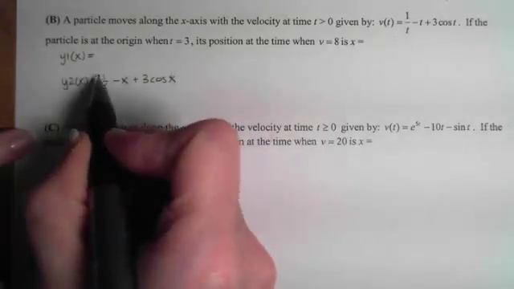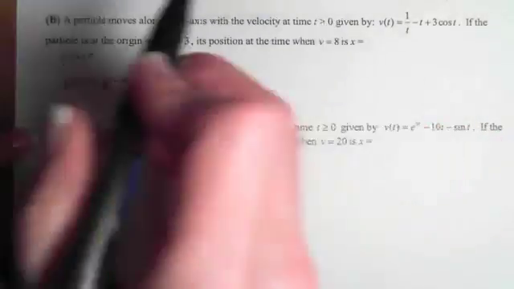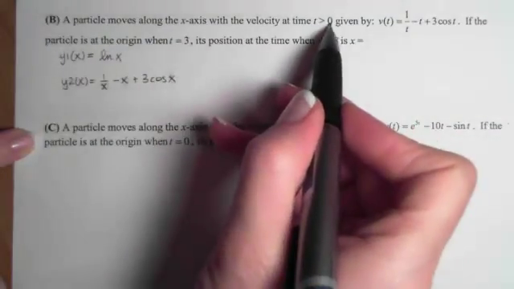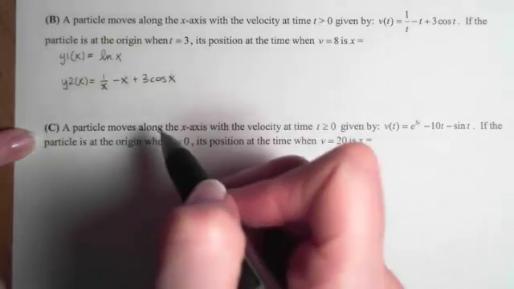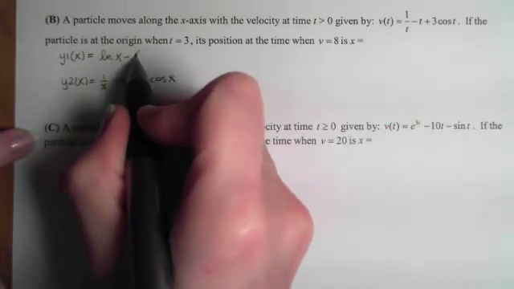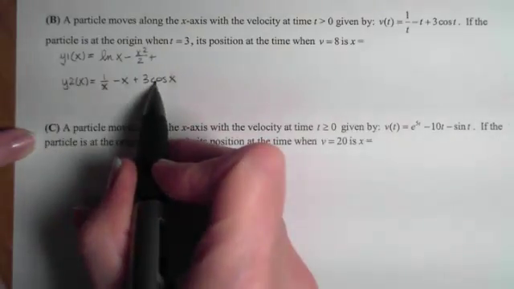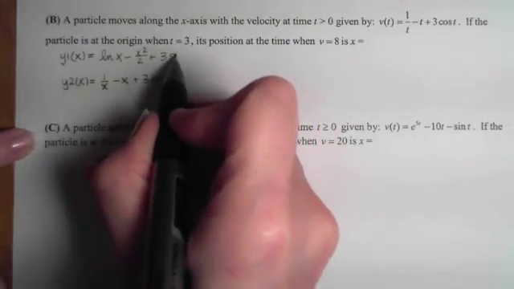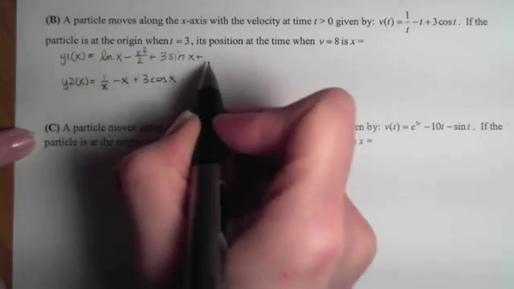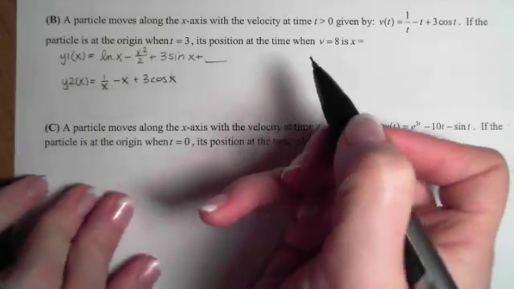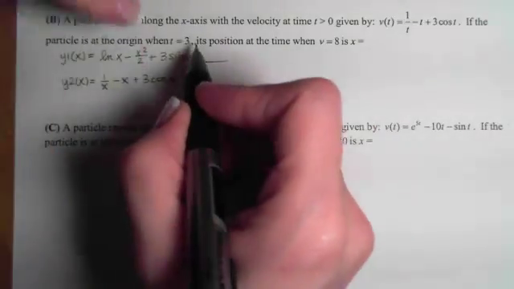The antiderivative of this, and we're only looking on the right side, will be the natural log of x. I don't need the absolute value because I'm only looking at the positive values, minus x squared over 2, plus the antiderivative of cosine, which is a sine, plus some constant. To figure out what the constant is, we were told that the particle's at the origin when time is 3.